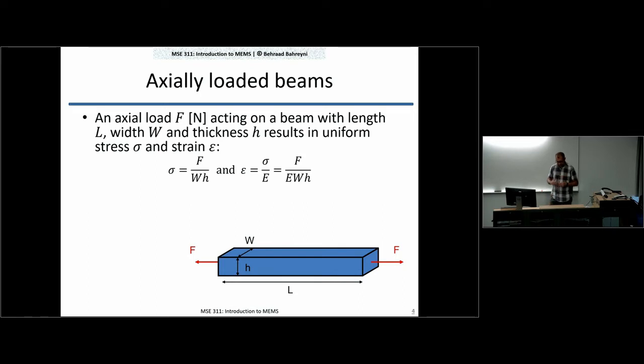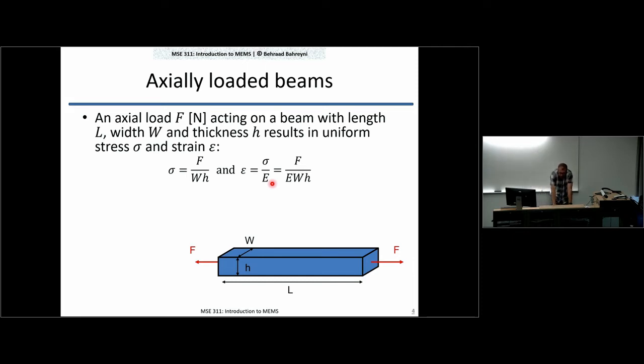If the length of the beam is L and the width and height of it are W and H, I can show that the internal stress in response to that external force is going to be this much. So the force is divided by the area of the beam, WH. And if this is made of some isotropic material, or I'm using it at a given direction in my crystal surface, I can basically simplify the whole thing to just one E number.